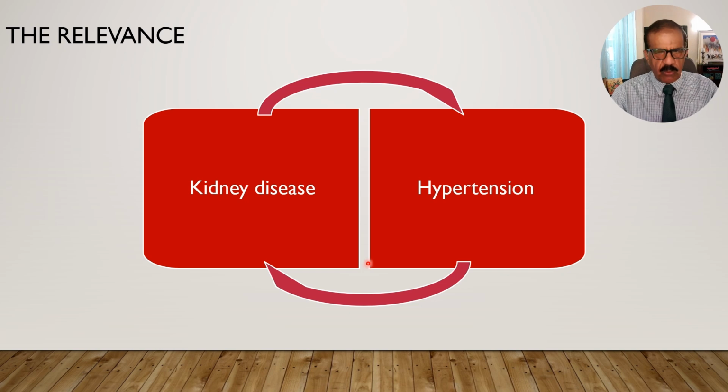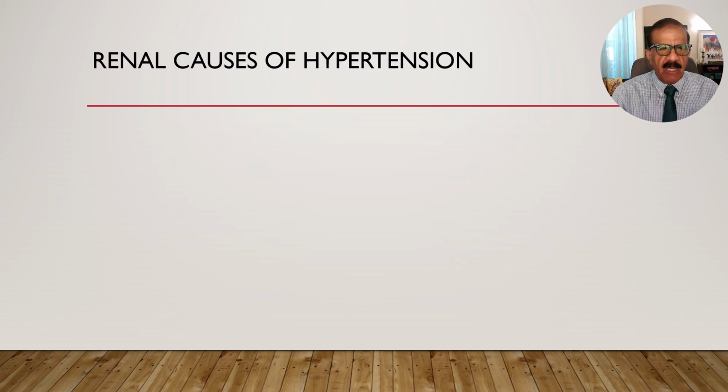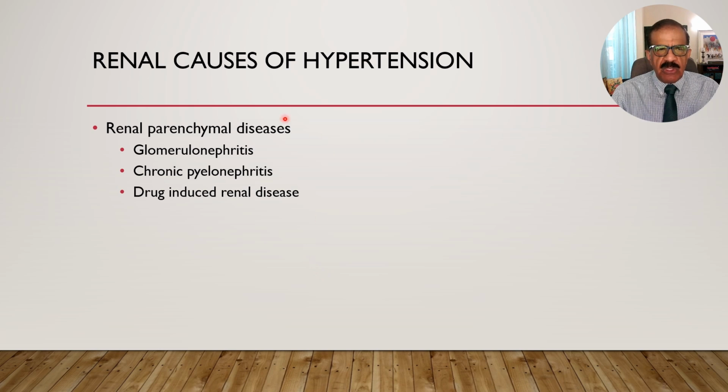But here we're going to talk about the kidney as a cause of hypertension when we can demonstrate some abnormality with the kidneys. The causes are like any renal parenchymal disease. You know what it means? Any kidney disease where the parenchyma is affected.